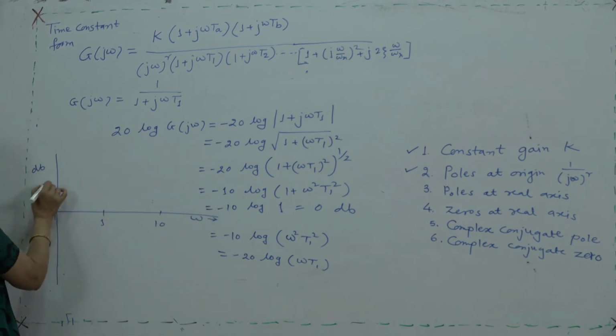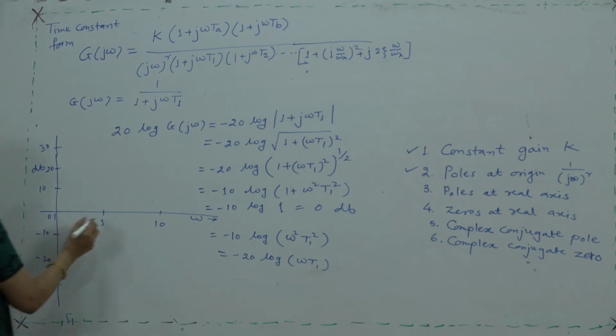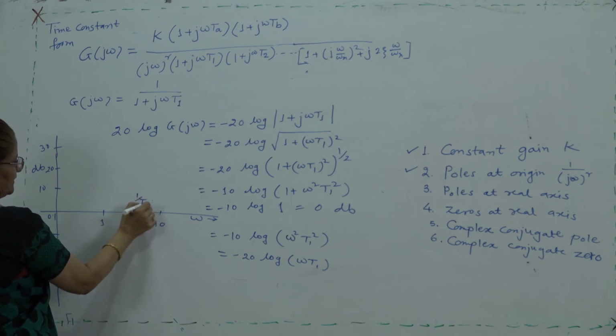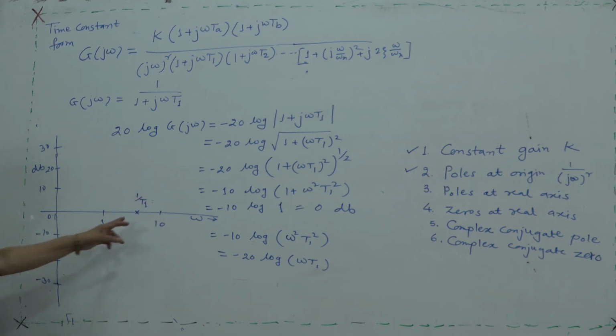This is 10, 20, 30 in that way, minus 10, minus 20, minus 30. Suppose 1 upon t1 is somewhere here. We are considering first omega less than 1 upon t1, then we are getting 0 dB. So, this is 0 dB.